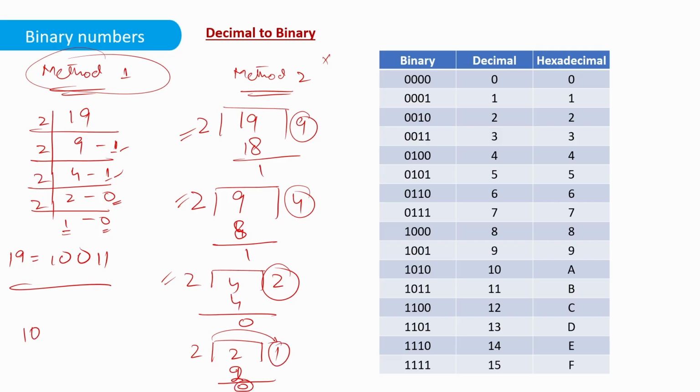Then we have to write the remainders of each number. So this is 0. From here I have 1. From here I have 1 again. So the answers are the same. You can see over here. But it is much better to follow this method because we can clearly visualize everything easily and don't get confused. So this was about how to convert from decimal to binary numbers.